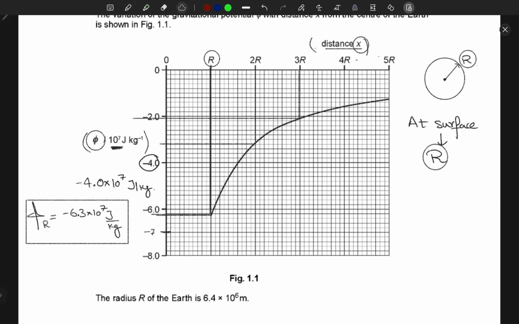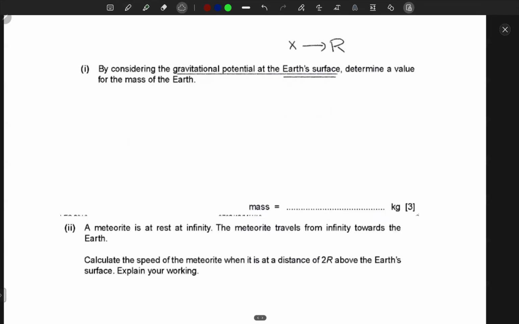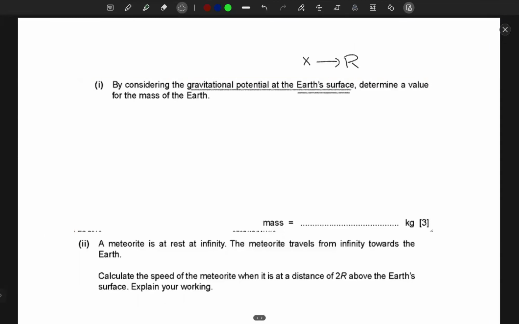So we used the graph to find this value for the potential. Now I'll take this value and bring it back over here. Paste. Okay, here it is. This is the value that we obtained from the graph, and we have to use it to determine a value for the mass of the Earth. So we know phi is equal to what?